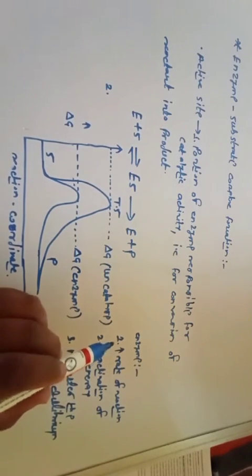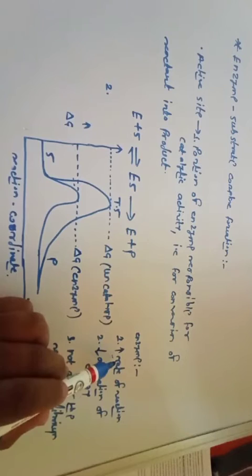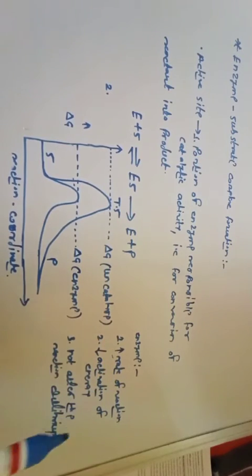Here I will write the first point: it increases the rate of the reaction only, but it does not alter the reaction equilibrium. So there is no effect on the equilibrium. The equilibrium is not disturbed by these enzymes.